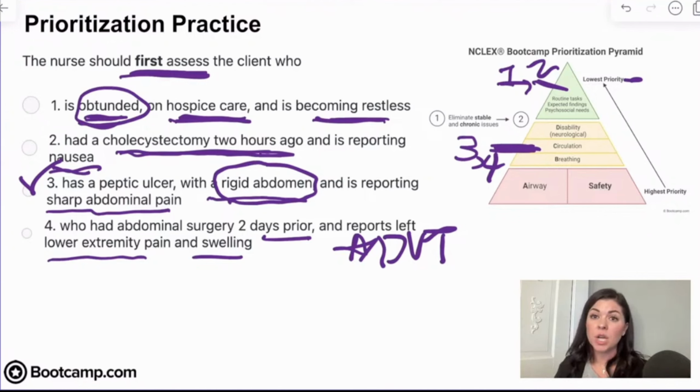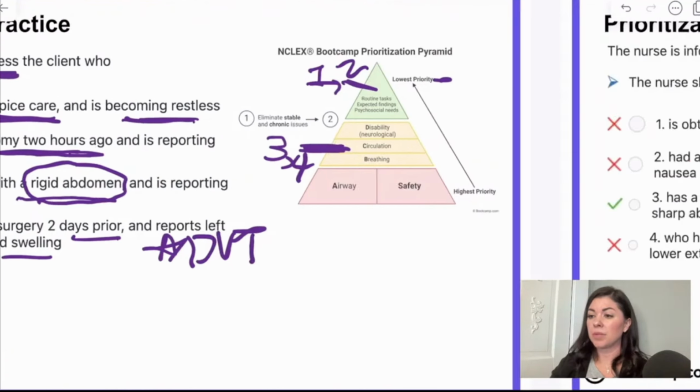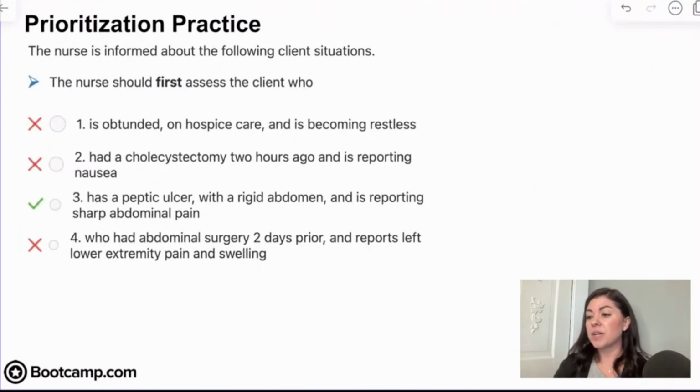We hope they don't. We certainly do interventions like SCDs and blood thinners to try to prevent it, but it's not expected when it's a complication, okay? I just don't want you guys to get confused. But y'all seem like you're doing a phenomenal job. So we can see once again, option 3 is correct, and you guys did great.